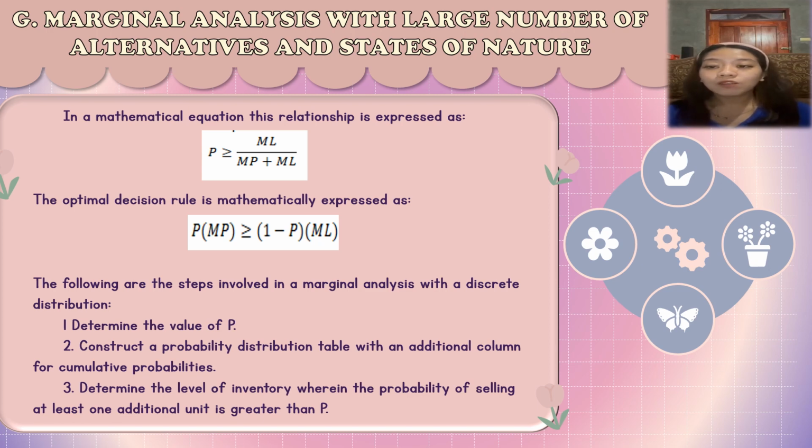So, the following are the steps involved in a marginal analysis with a discrete distribution. Number 1, determine the value of P. Number 2, construct a probability distribution table with an additional column for cumulative probabilities. 3. Determine the level of inventory wherein the probability of selling at least one additional unit is greater than P.